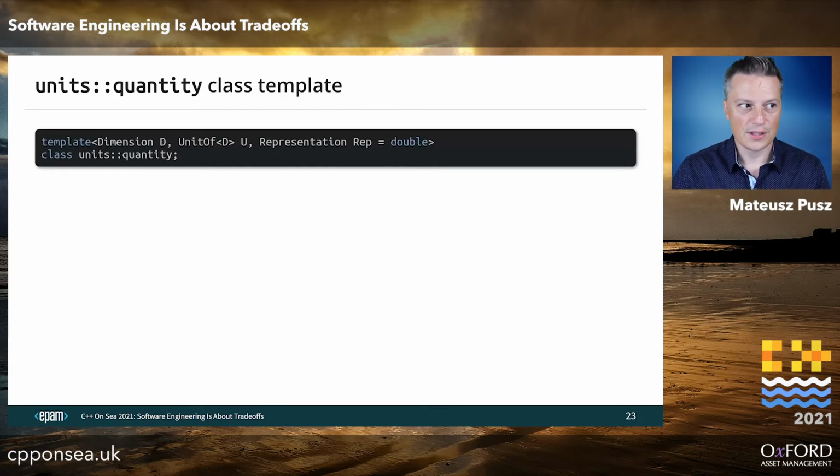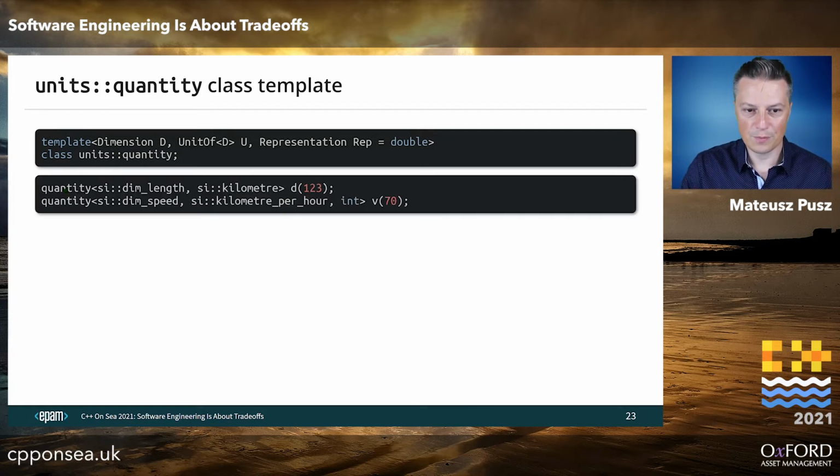So the class template that I ended up with looks as follows. It has a dimension that describes basically the physical dimension we are working with, like length or speed, a unit, so meter, kilometer per hour, and the representation type, how we want to represent the value. By default, it points to double. This is quite verbose.